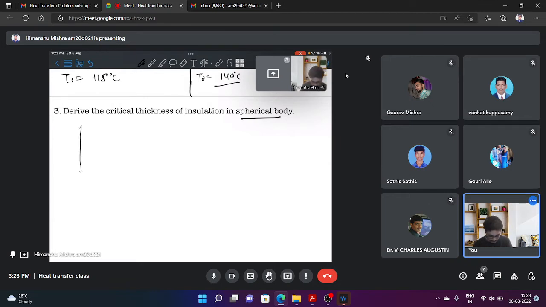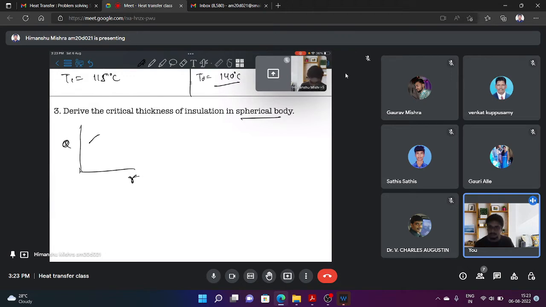To plot it, this is my heat transfer Q, and this is, let's say, the distance in the radial direction in the spherical geometry.